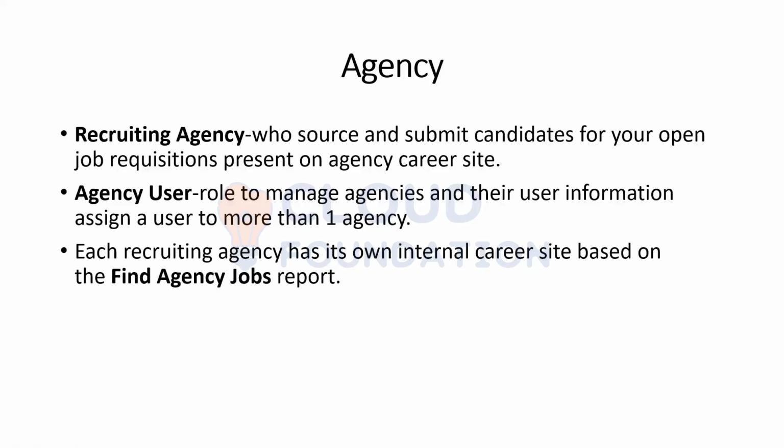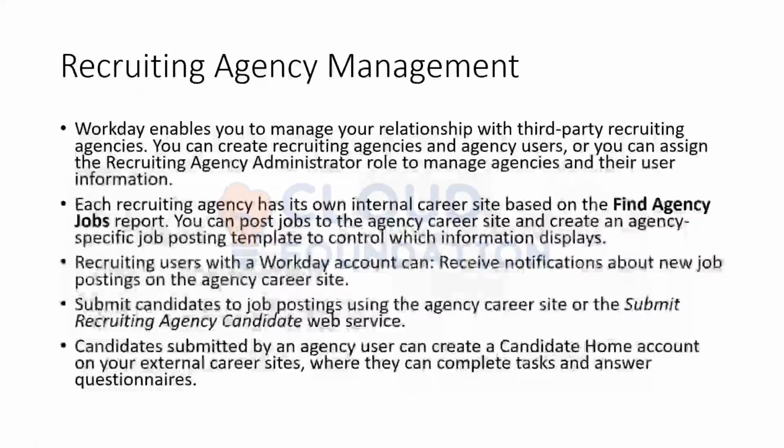It looks just similar to how find jobs looks. It has facets, the same UI, nothing different. Then recruiting agency management. Here are certain advantages of subscribing to agency management, so you can read this out.